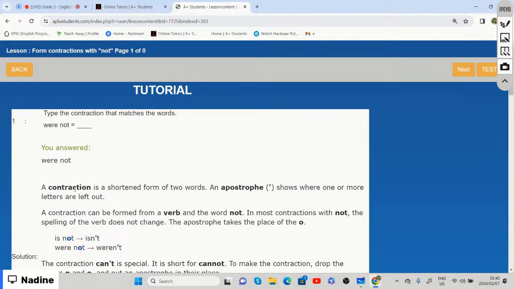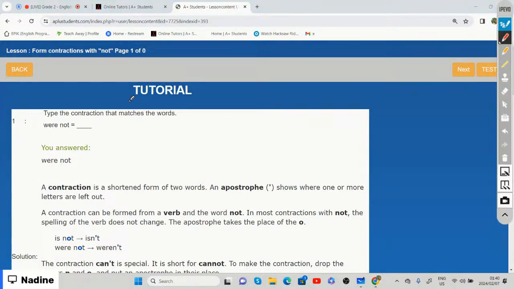We see that our verb stays the same, which is were.